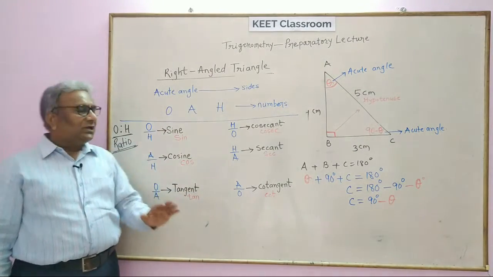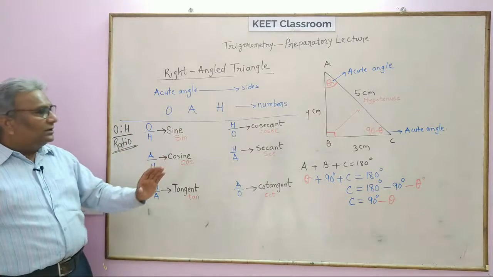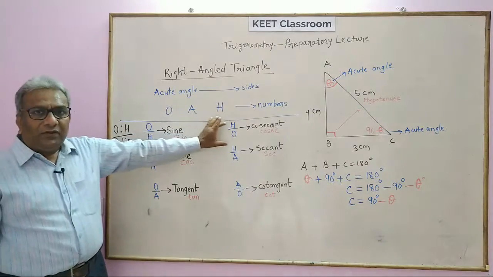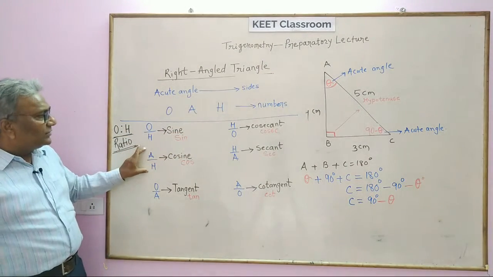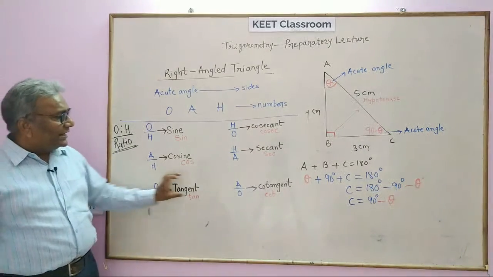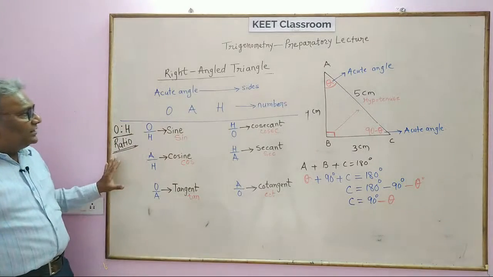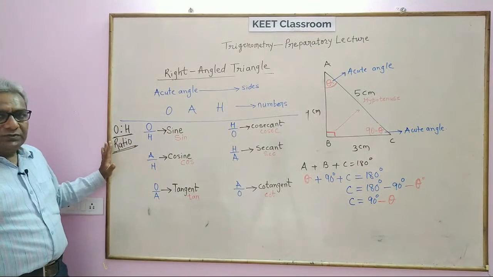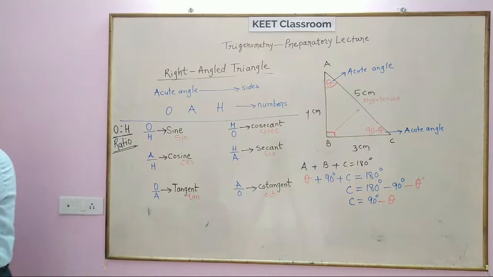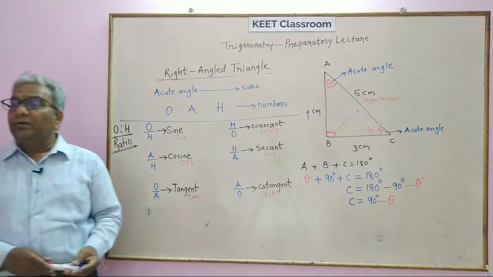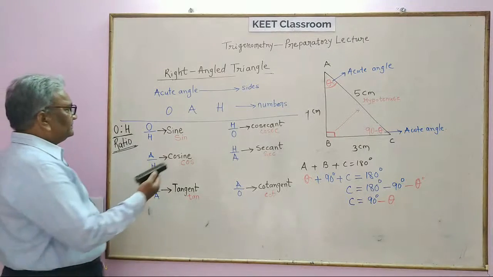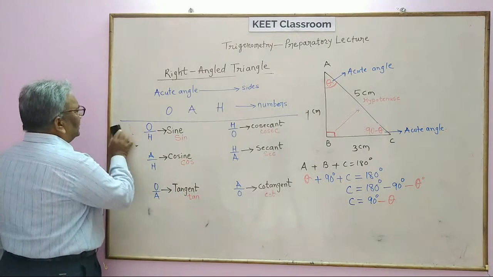If these 6 ratios are arranged in proper order, you will find that in front of sine ratio, we write the inverse of it. In front of cosec, we write the inverse, and in front of tangent, we write its inverse. So in this way, now we get 6 ratios. So now we shall go for the next part.